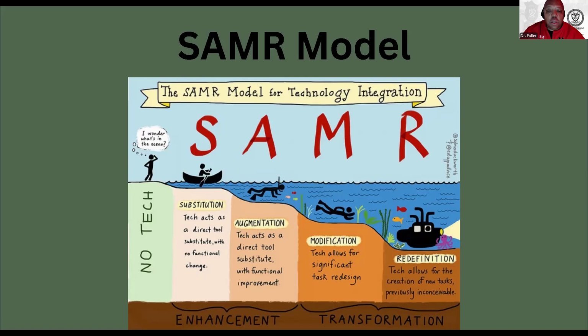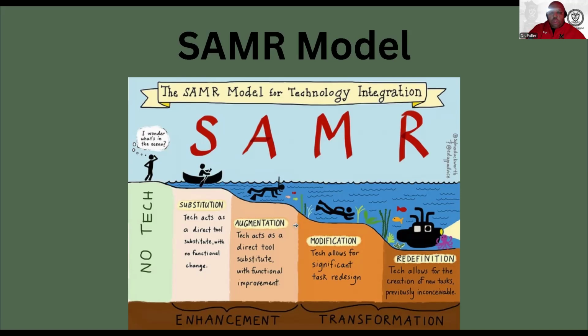One example of that is a flipped classroom, where the students get the lecture before they get there, with a YouTube video or video that's pushed out over Canvas or some kind of learning platform, and then they come into the classroom and do their work, and you can do the practice and things like that, as opposed to doing the practice at home and doing the instruction in the classroom. So the flipped classroom is a good example of modification and tech redesign.